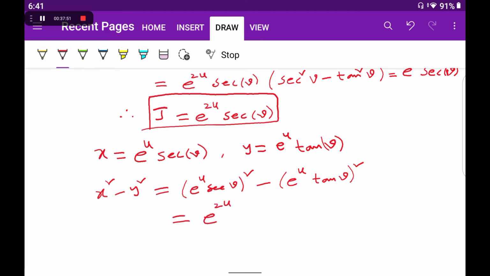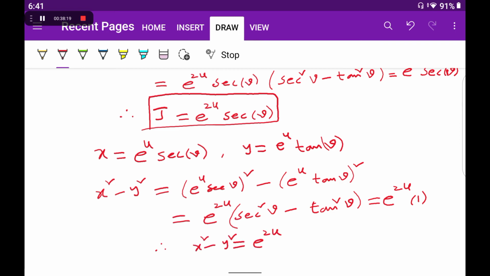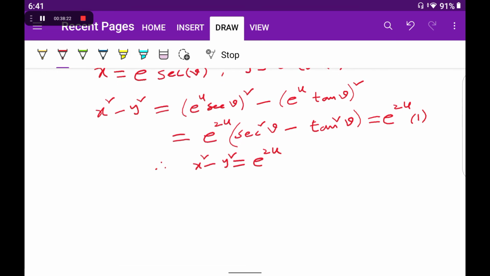So e power 2u secant square v minus e power 2u tan square v. You take e power 2u common, we get secant square v minus tan square v, it is e power 2u into 1. Therefore, x square minus y square is e power 2u, or e power 2u equal to x square minus y square.